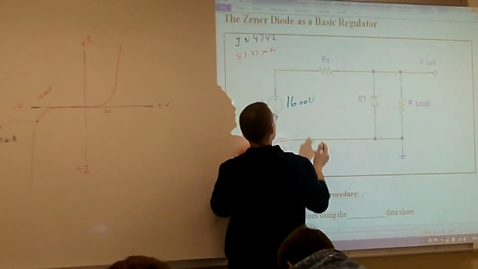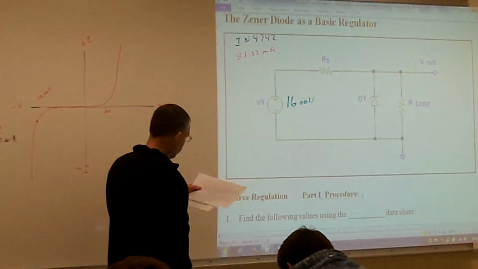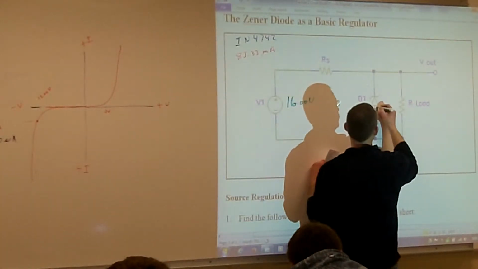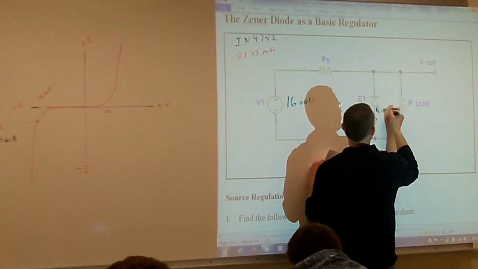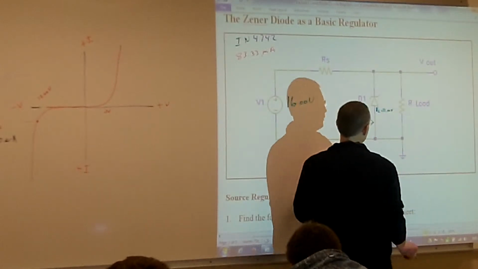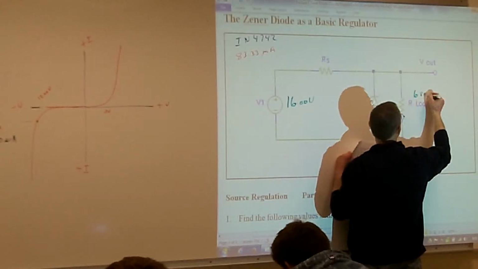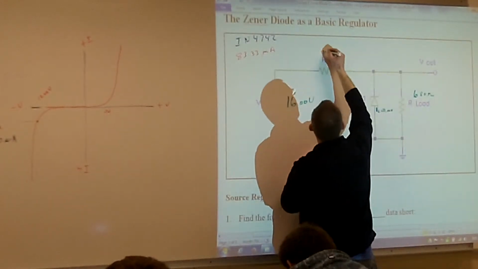All right, so our next one is going to be 16 volts. Still my 12-volt Zener. My load is still going to be my 680 ohms. RS is still going to be 100 ohms.